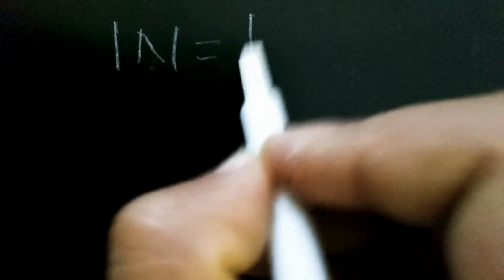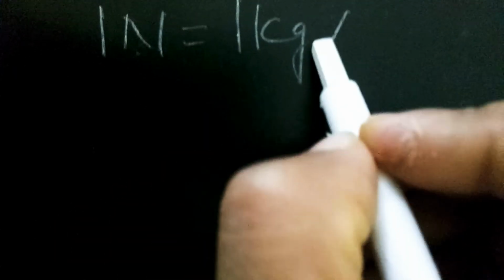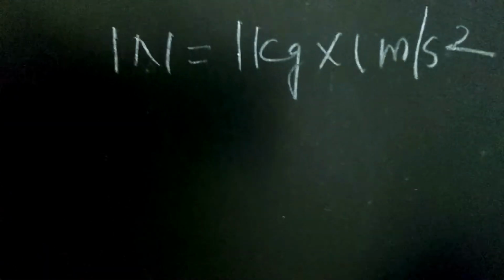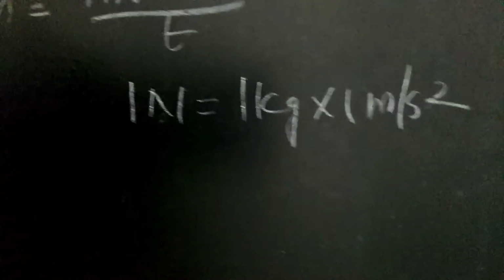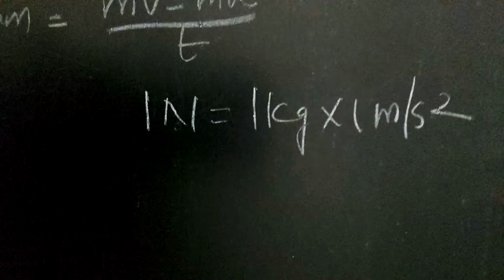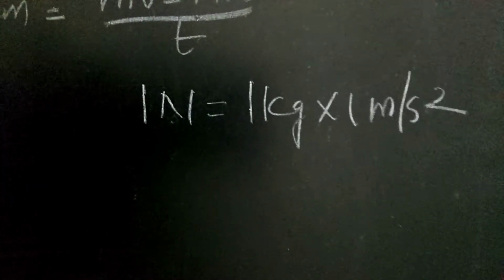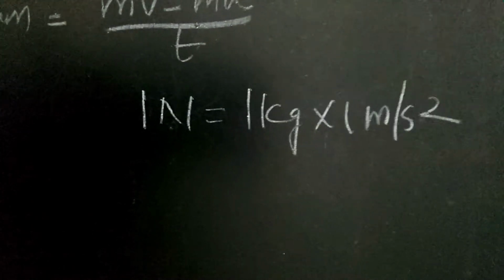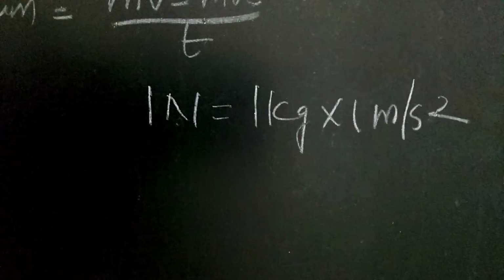Is it clear? So we can write 1 Newton is equal to 1 kilogram into 1 meter per second square. Force is said to be 1 Newton if it produces an acceleration of 1 meter per second square on an object having mass 1 kilogram.